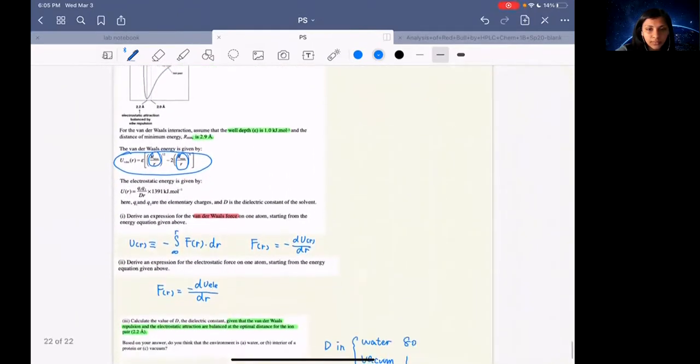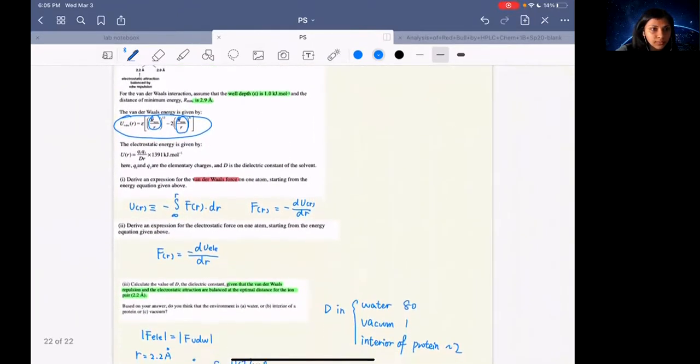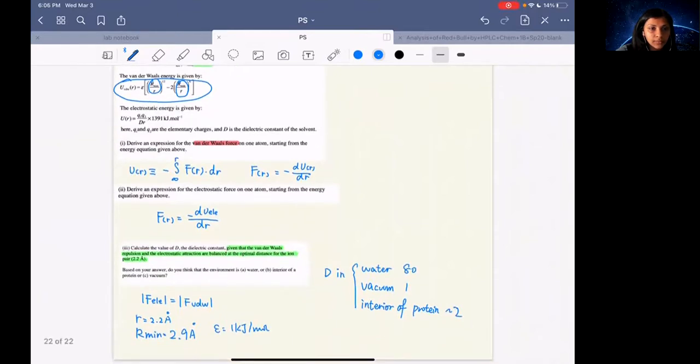The derivative of the energy in terms of force will be equal, because at the optimal distance, the forces are balanced. Okay, thank you. The absolute values of the forces are equal, to be exact.